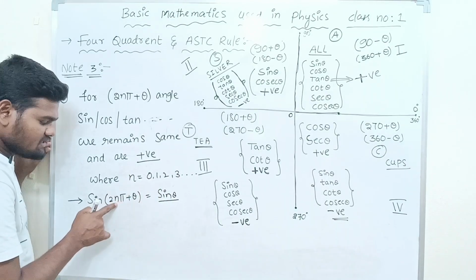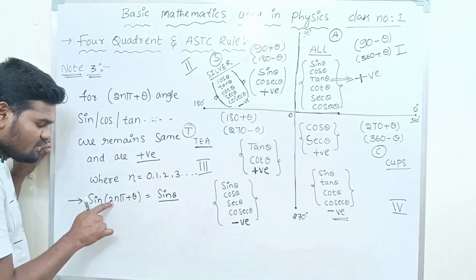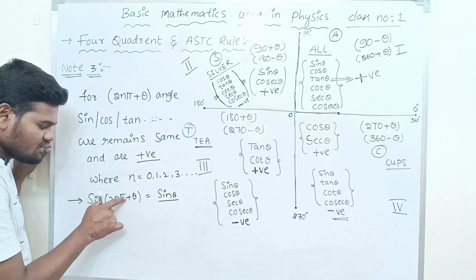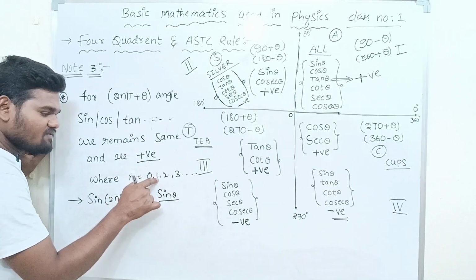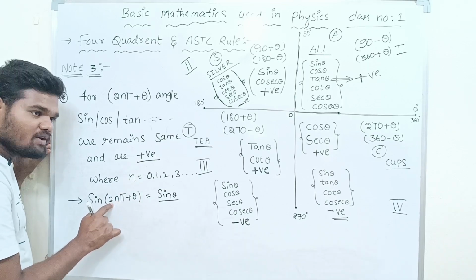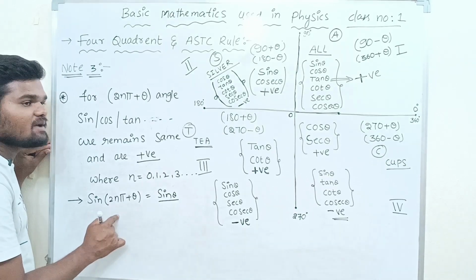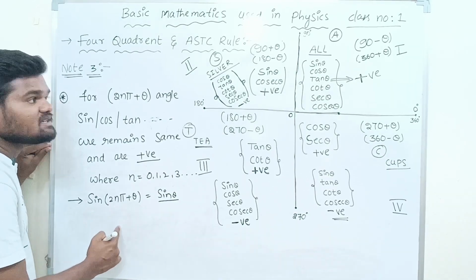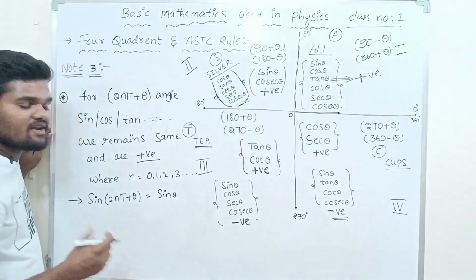If you substitute 0 at the place of n, you will get 2 into 0 into pi, 0 into something is 0, you will get sine theta. If you substitute 1 at the place of n, 2 into 1 is 2, 2 pi, sine of 2 pi plus theta. 2 pi is nothing but 360, sine of 360 plus theta. First quadrant sine is positive, then sine remains sine.